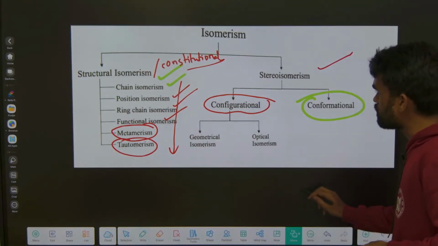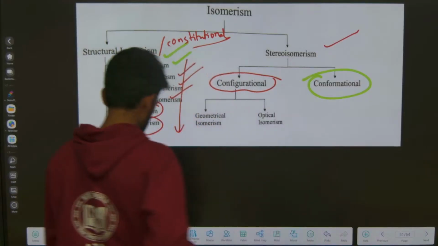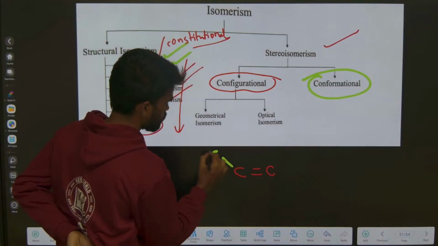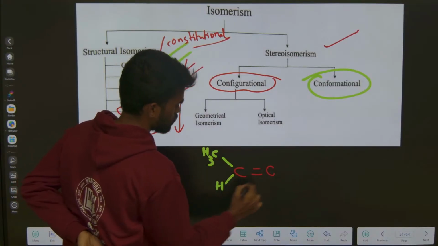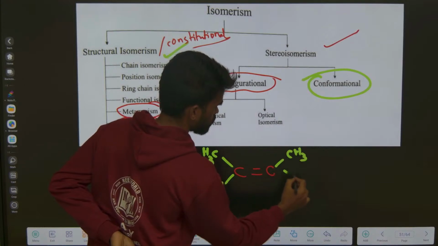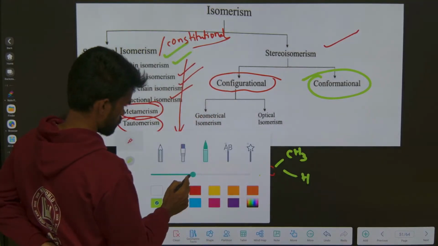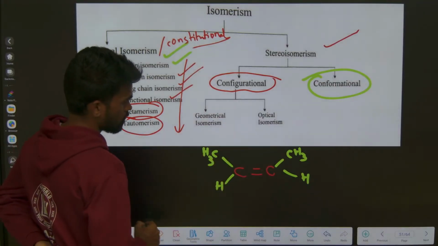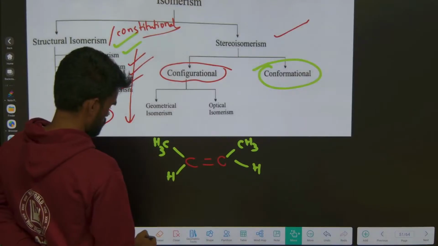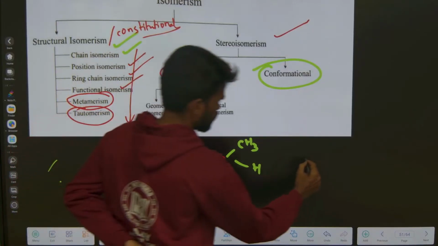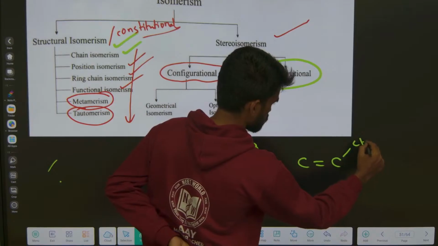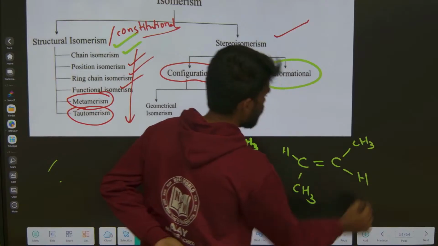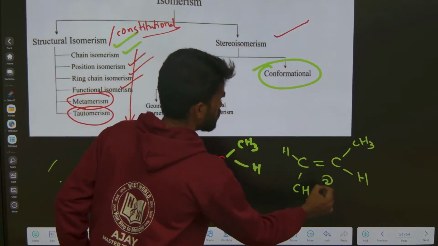For the best example of stereoisomers, look at this. C double bond C, here we have structure 1 and structure 2. How do 1 and 2 differ?